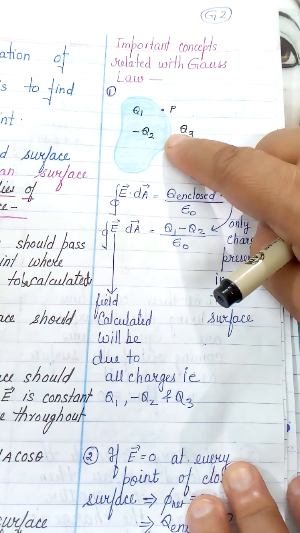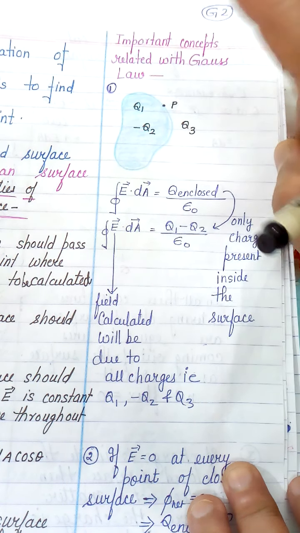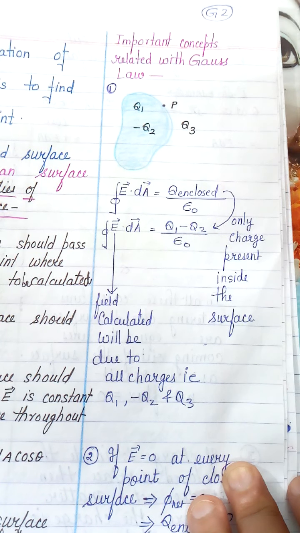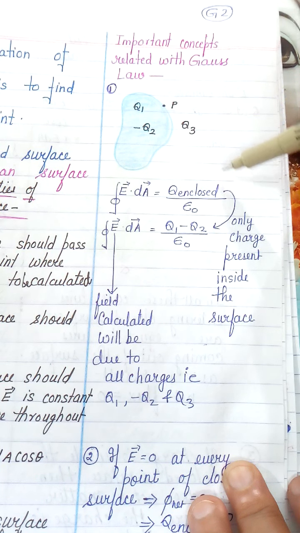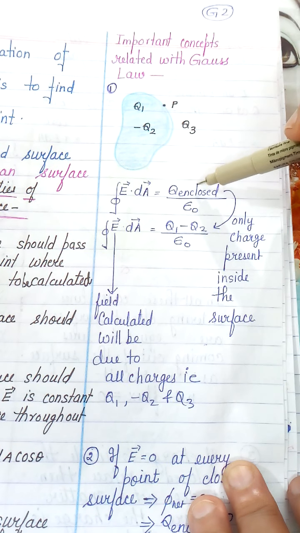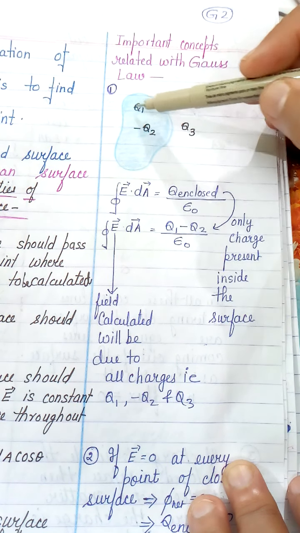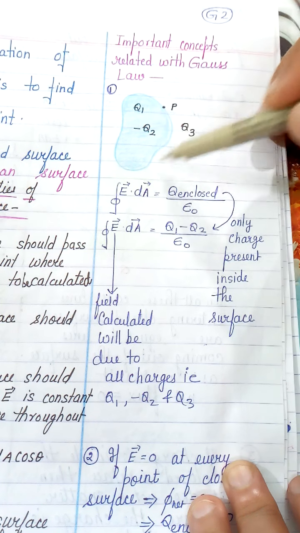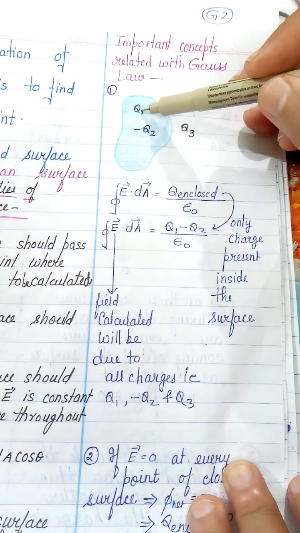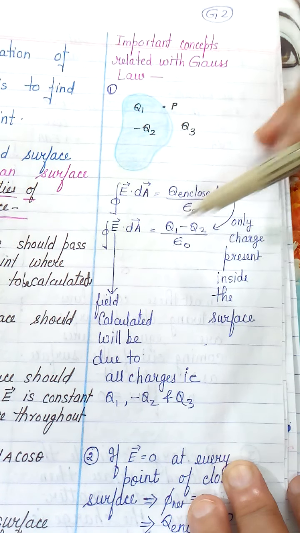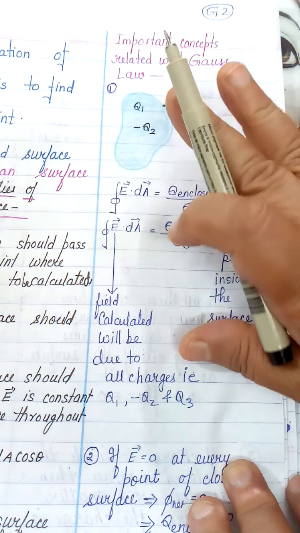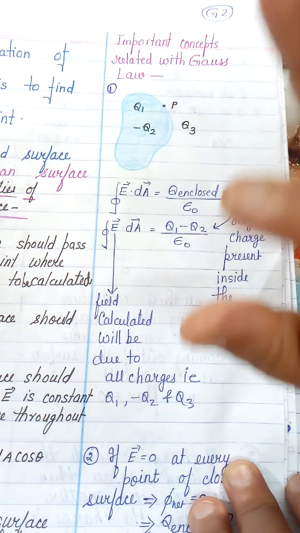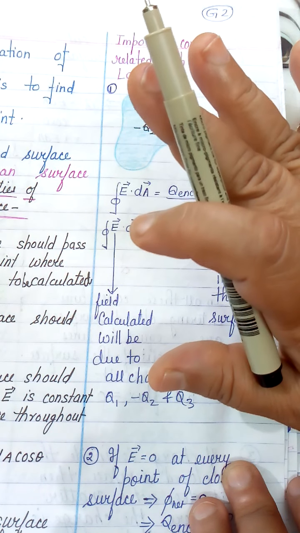This question was asked once in NEET. But when we are substituting Q enclosed, that will be only those charges which are inside the surface, that is Q1 and minus Q2. So you got the two points. Q enclosed is only the charge which is inside the Gaussian surface.